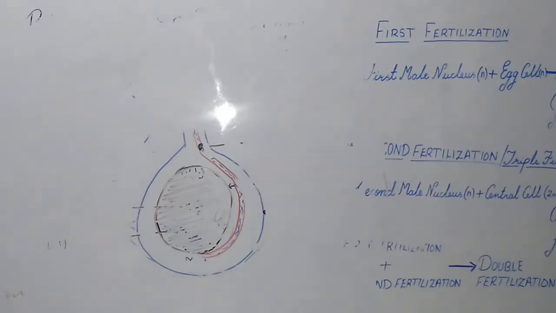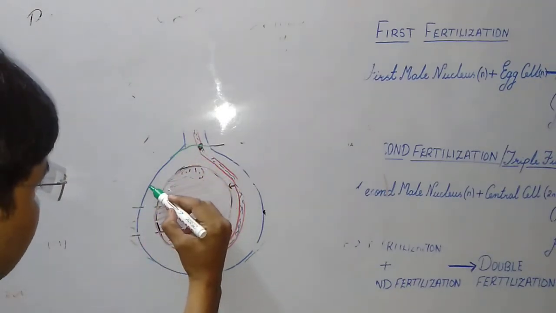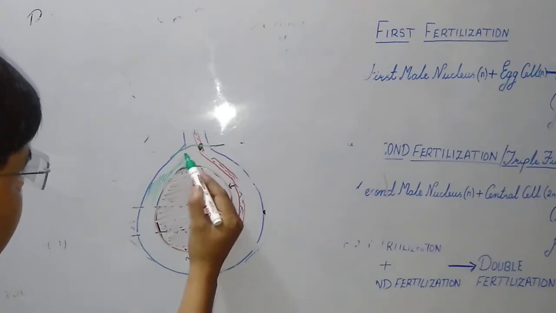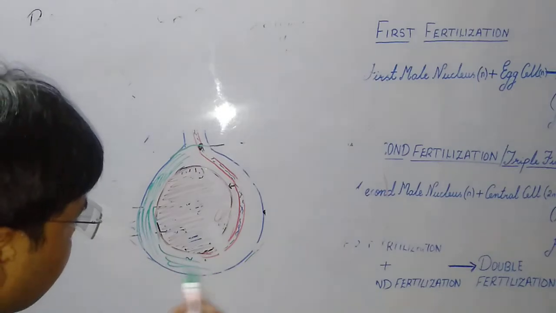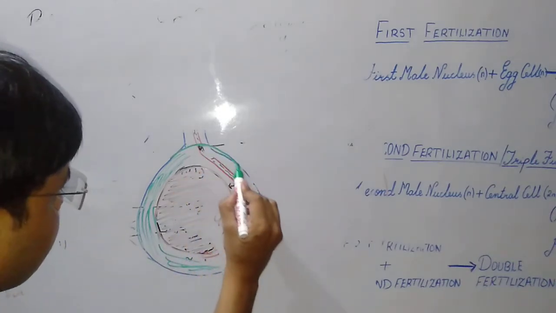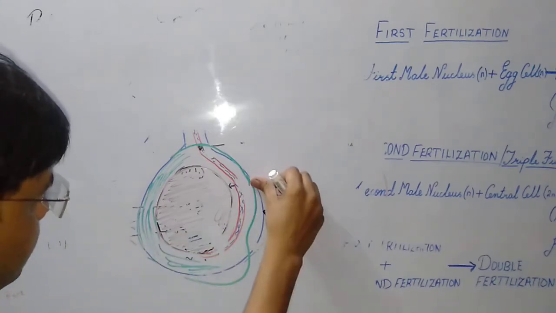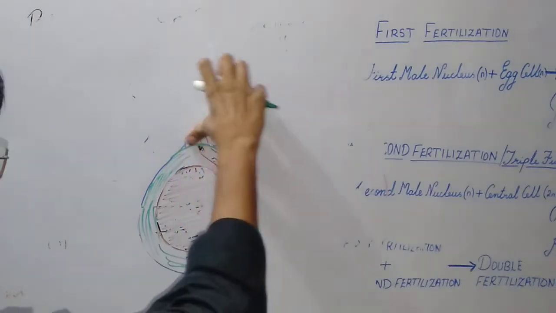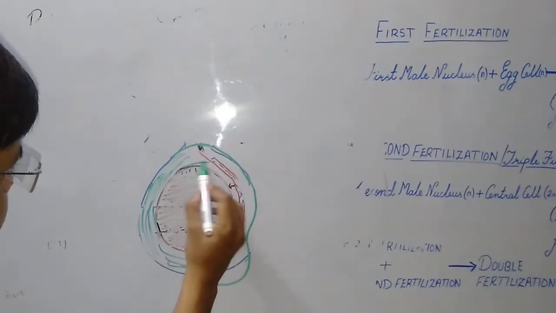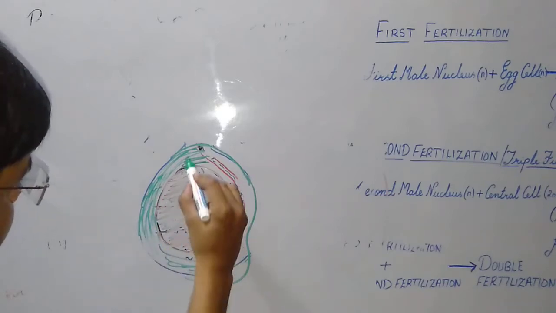And this ovary gets converted into fruit. ये ओवरी फ्रूट बन जाती है. Ovary is getting converted into fruit.